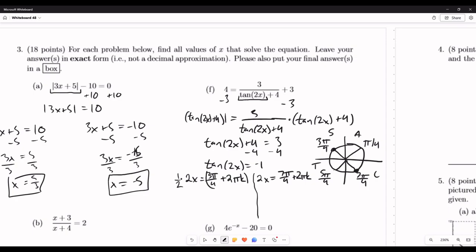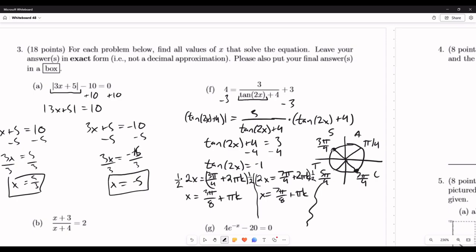To cancel that out, I'm going to multiply both sides by 1/2. This is a little nicer than dividing by 2 because it makes it easier to work with all the fractions that are going on. So over here, I'll get x equals 3 pi over 8 plus 2 pi k times 1/2. That's just going to be pi k. And over here, I'll do the same thing, multiply both sides by 1/2. We'll get x equals 7 pi over 8 plus pi k.